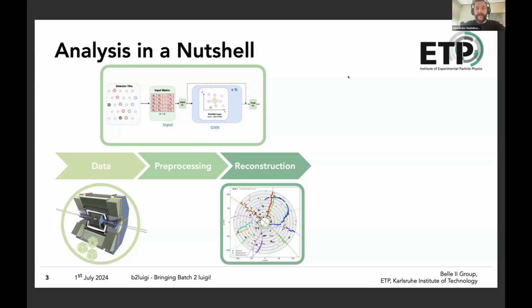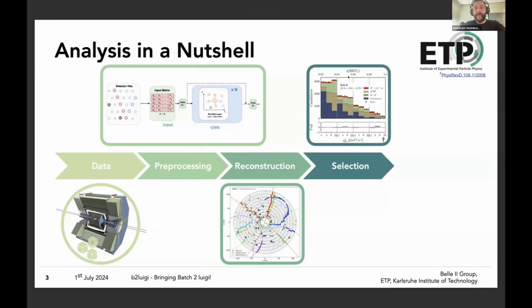This is when we go from hits in the detector, in a tracking or calorimeter, for example, into physics objects. So meaning we're now talking about tracks or clusters in a calorimeter, and then from these physics objects, we then derive, of course, quantities like energy and momentum, which we then can use for our selection processes.